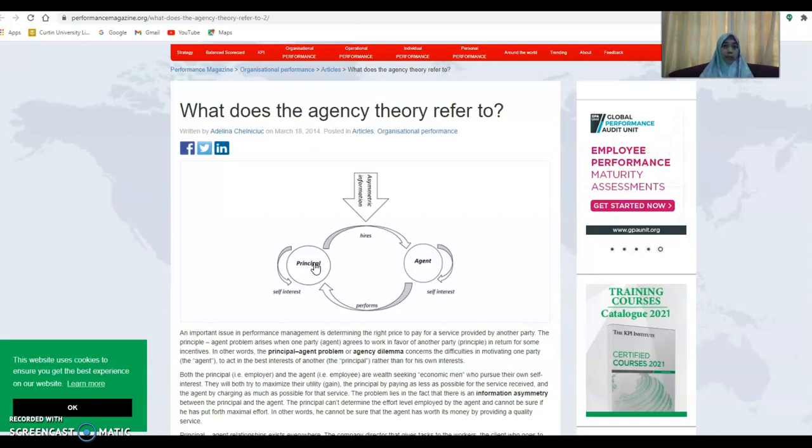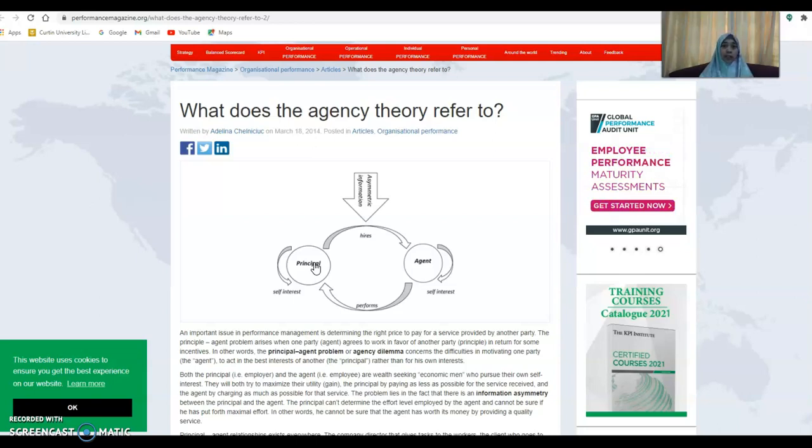The return to the shareholder would be in the form of a dividend at the end of the year. If you are a loyal shareholder, you can have a dividend. The dividend can be paid out of profit. So you want to make sure that at the end of the day, the company is making profit. A portion of that profit will be returned to the owner in the form of dividend.